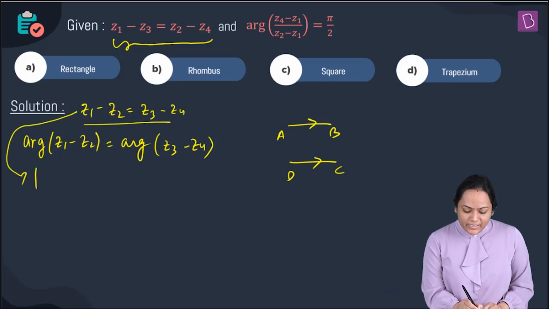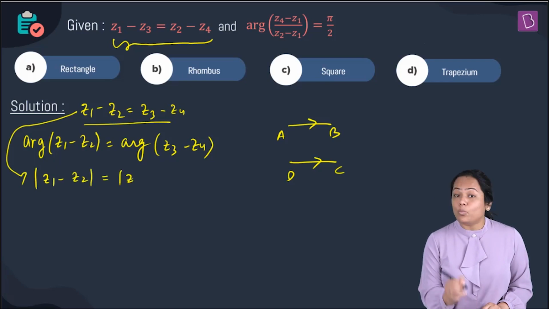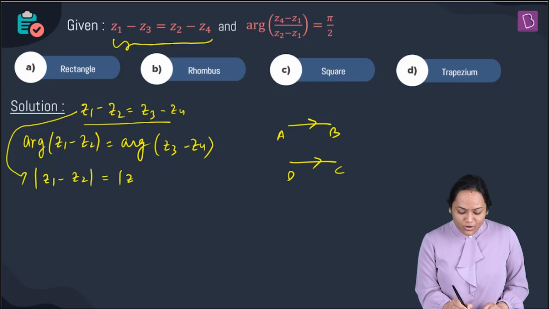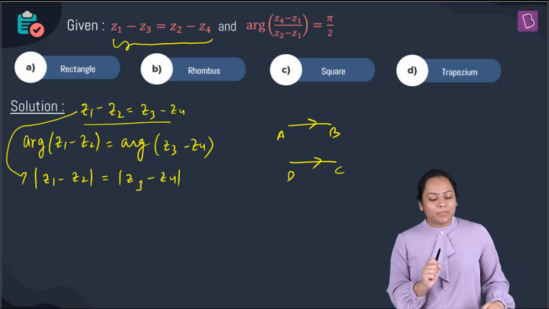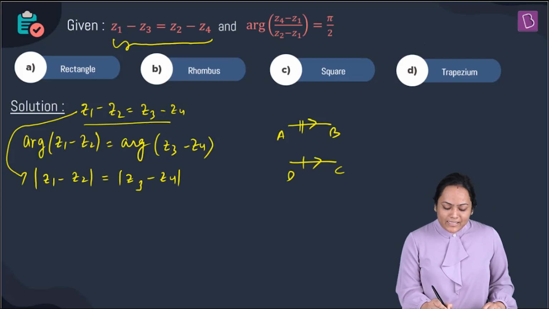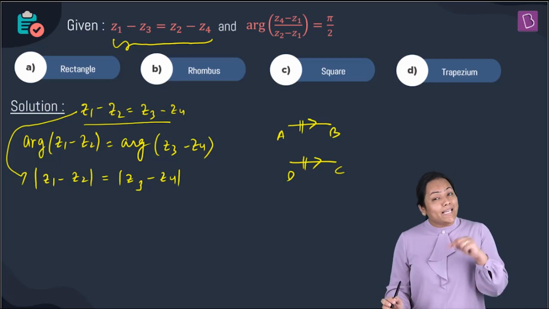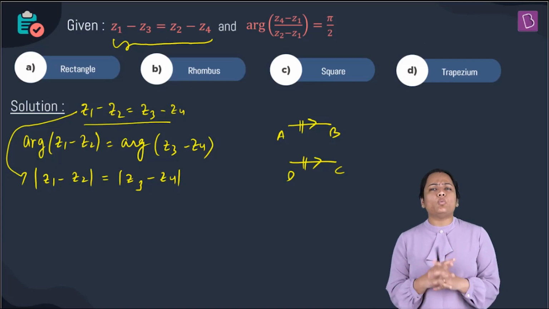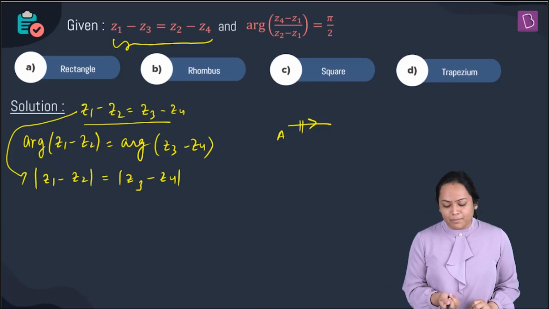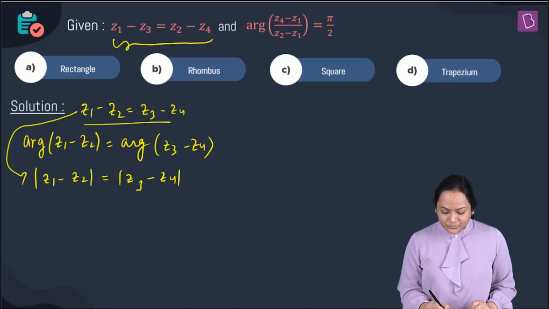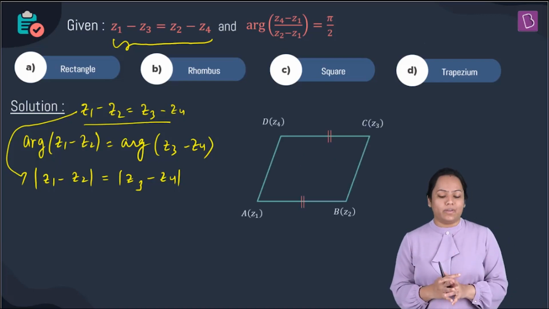So modulus of Z1 minus Z2 will be equal to modulus of Z3 minus Z4. That means AB and CD are of equal length as well as parallel. So guys, what is this? We can clearly say this has to be a parallelogram, isn't it? So this will be a parallelogram.